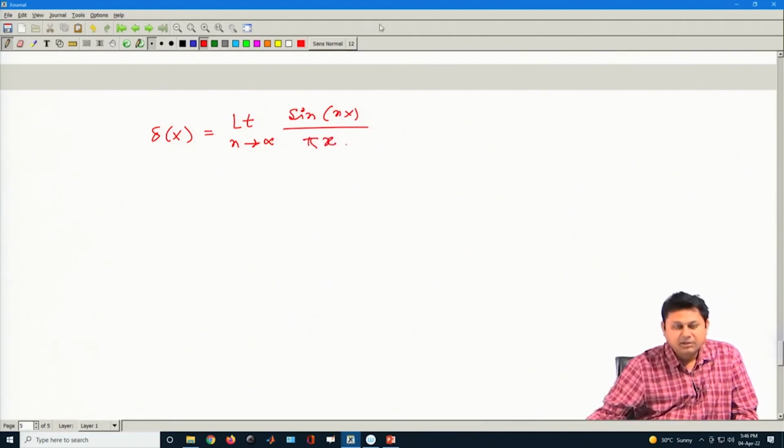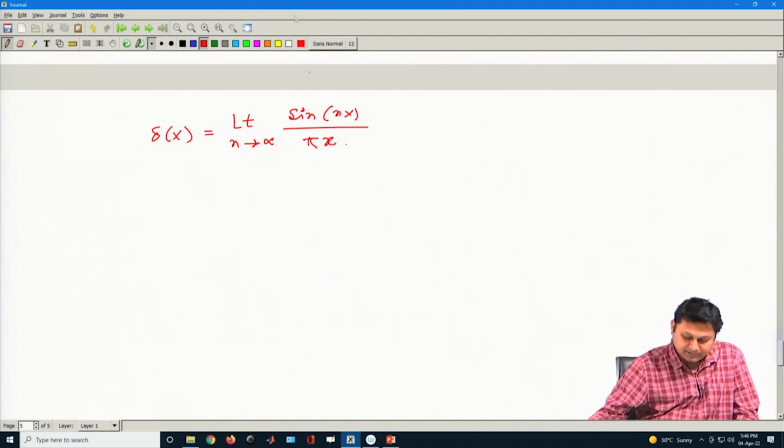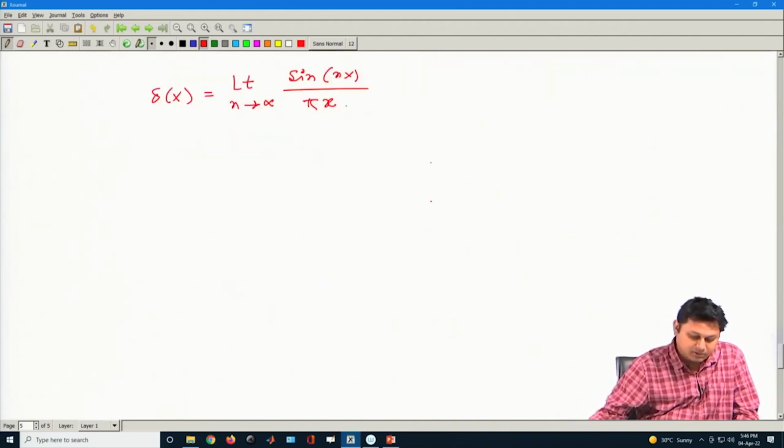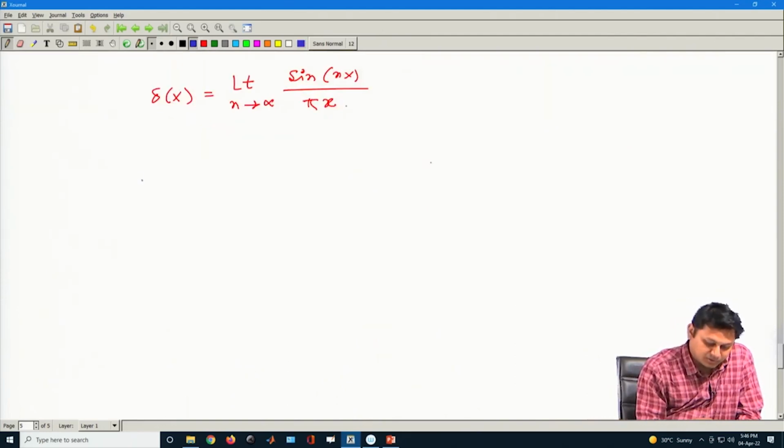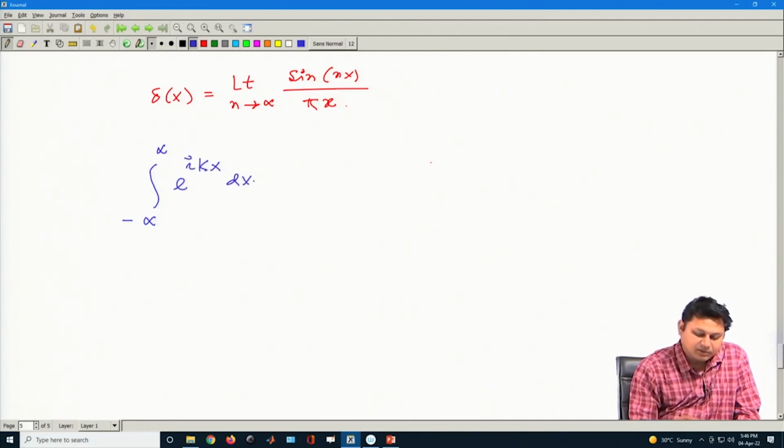That is the way one can define the delta function. Now, the question is, if I want to find this integral, the integral from minus infinity to infinity of e to the power of ikx dx, a very important integration, what should be its value?